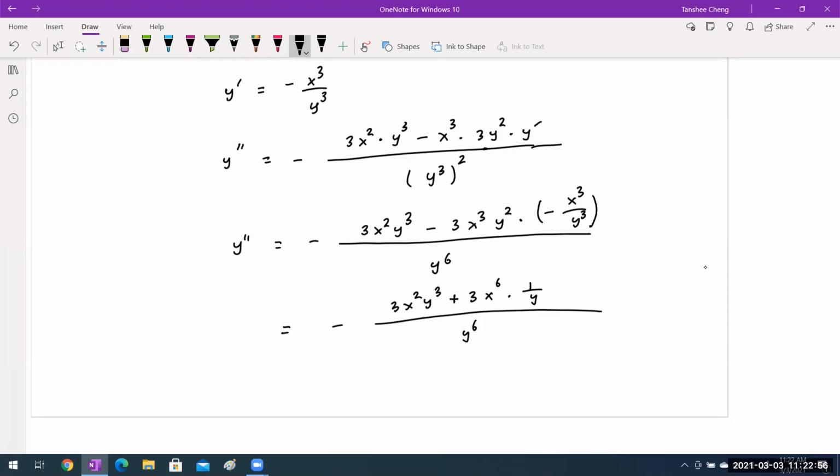And then finally, you can get rid of this 1 over y by multiplying top and bottom by y, which will give us negative 3x to the second y to the fourth power plus 3x to the sixth, all over y to the seventh power. And that would be my final answer.